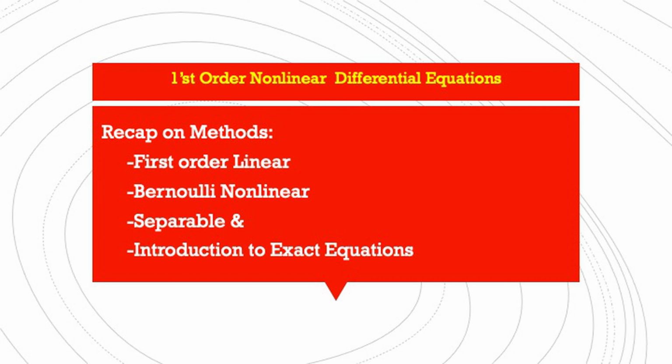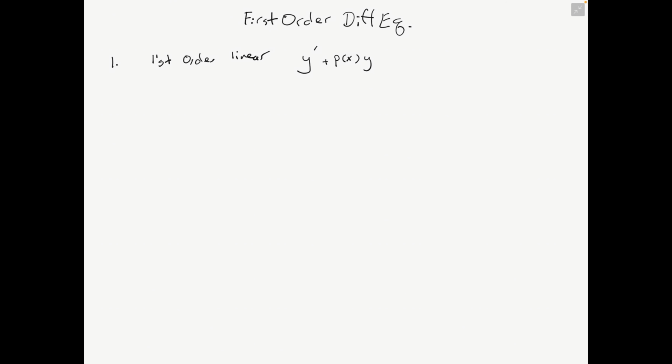So, without any further ado, we're going to look at the first type, what we have done up until this point in time. In the first type, it's a first order linear equation of the form y prime plus p of x y equals g of x.